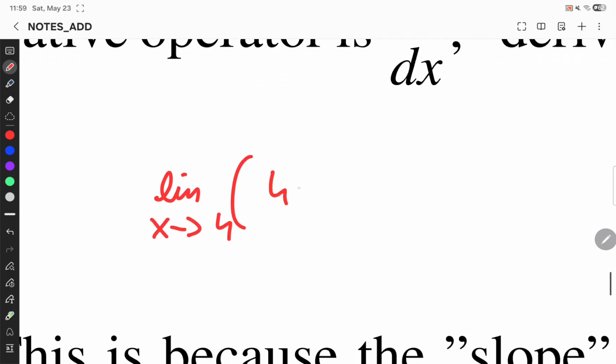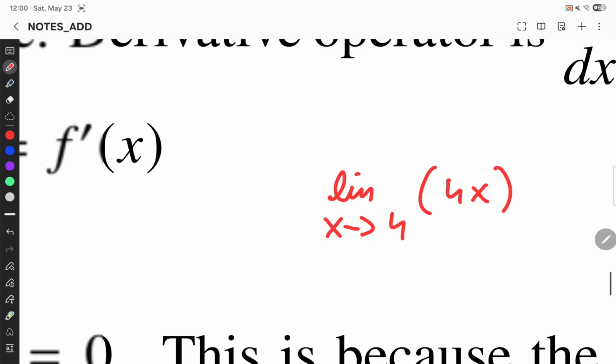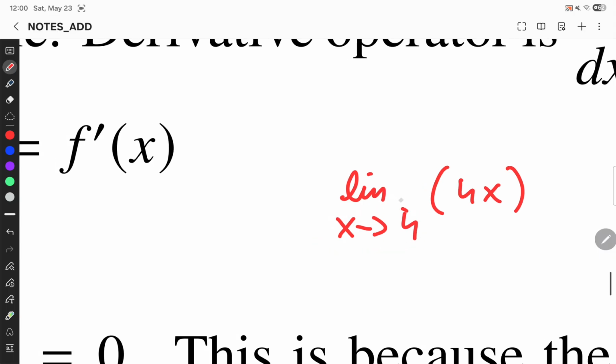So if we say we want to find the limit as x approaches 4 of the function 4x, what does this mean, approaches? Meaning as we creep towards this value of x, as we creep towards this value of 4, like this point is our value of x.